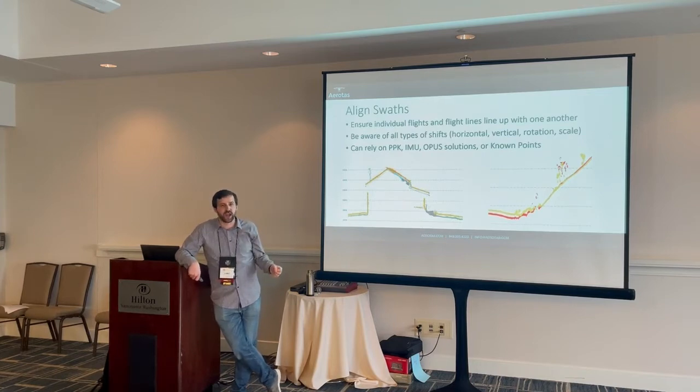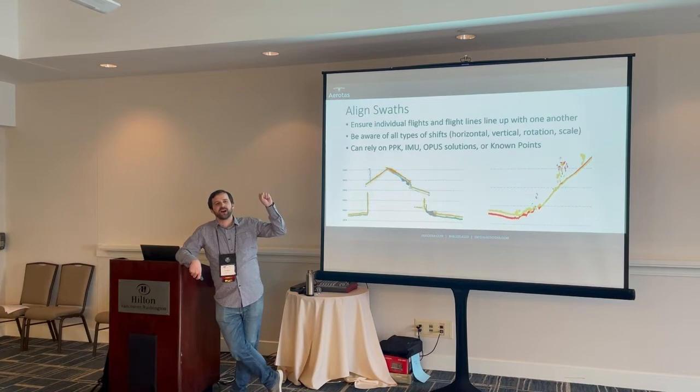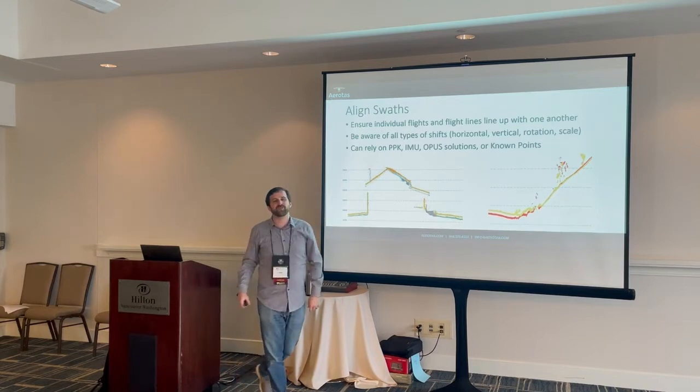It's sitting there for, you know, an hour or two, so you have plenty of data to run a good rapid static solution on it. And what we do is we can calculate, okay, what was the initialized location of that base station, and then what is the Opus solution location of that base station, what's the difference between those two, and that's typically what we have to shift those point clouds at.